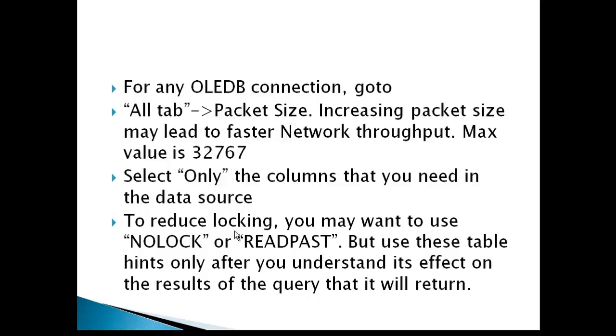But if you use such hints, then the query results may be different, right? The actual results that we get from database tables may be slightly different from the results that we obtain without using these table hints. So we should be aware of the differences that can arise in the data and only then use these table hints in order to avoid locking.